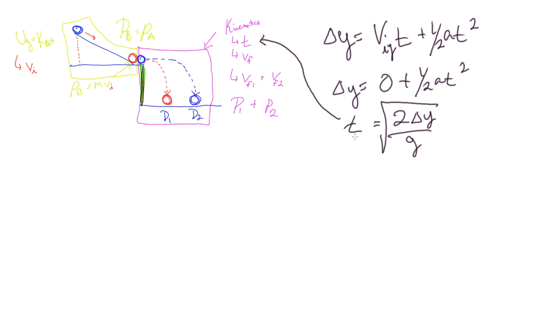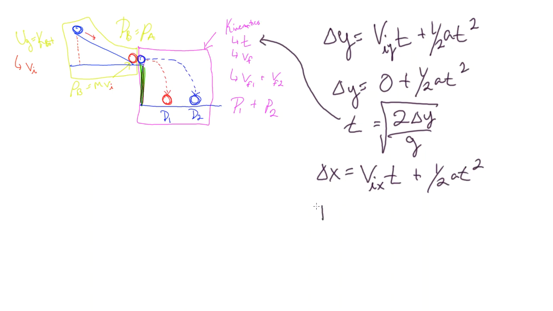Once I know time, I can plug this in again, looking in the x direction: delta x equals initial velocity in the x direction times time plus 1/2 a t squared. Using your delta x, you can get the initial velocity in the x direction.